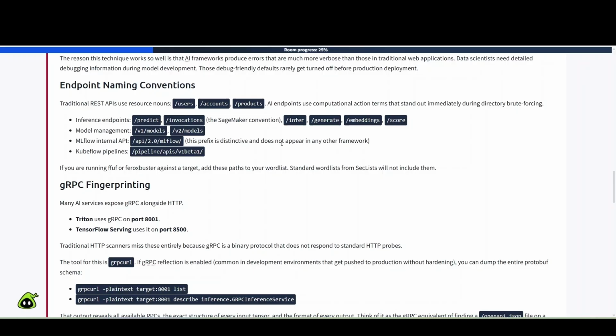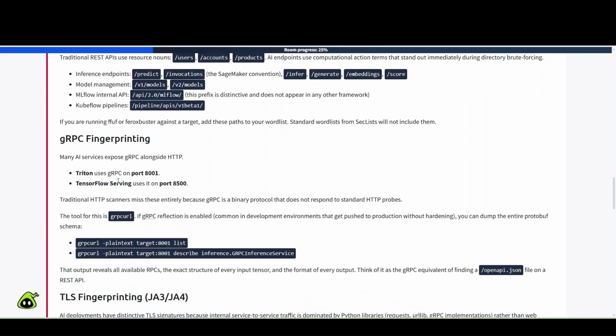This prefix is distinctive and does not appear in any other framework. Kubeflow pipeline APIs: /apis/v1beta1. If you are running FFUF or Feroxbuster against a target, add these paths to your word list. Standard word lists from SecLists will not include them. I'm willing to bet there are probably some AI-specific word lists out there by now.